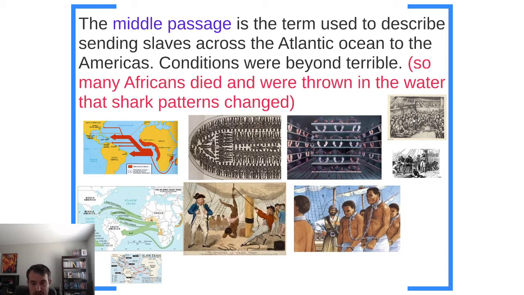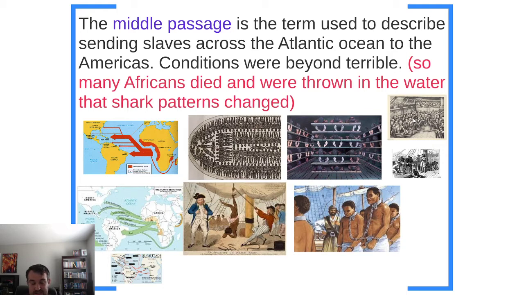Another fact that I know is that historians have studied shark patterns over the history of the world. They see where sharks have left their teeth along various beaches and stuff like that. And we found that while this Middle Passage was occurring, shark patterns in the Atlantic Ocean changed, where sharks from the North and South Atlantic kind of converged in the middle because they expected that many people would be thrown over, dead bodies would be thrown over.